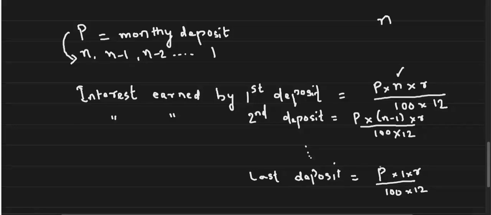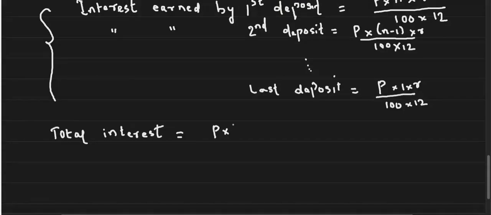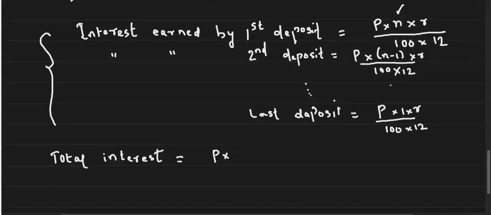So now what? To get the complete interest, you need to add the interests of all of them, the accumulative interest. So the total interest equals, adding everything, first month, second month. P R by 1200 is common, everything is common, right?